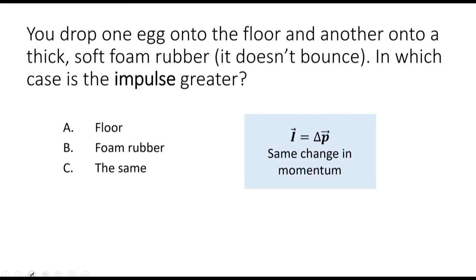So I'm going to say that it's going from some initial velocity to 0 velocity. Okay, and then the other egg is dropped onto a soft foam pad and it doesn't bounce, and so its final velocity is also 0, and so then the change in momentum of each egg would be the same, and in other words the impulse would be the same in both cases. So this would be C here.